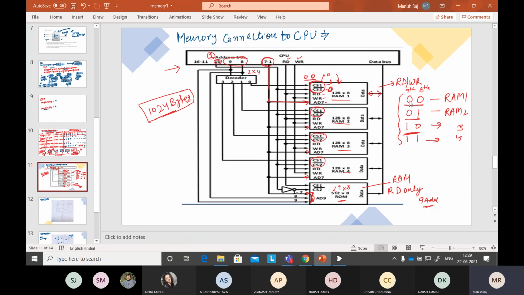If you are taking the 8th and 9th bit 0 0, then you are selecting RAM 1. If you are taking the 8th and 9th bit 0 1, then you are selecting RAM 2 according to that. So I think this part is clear to you.